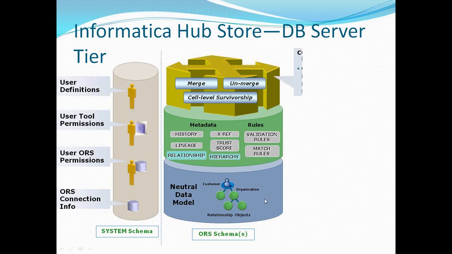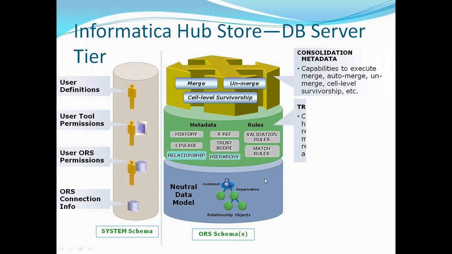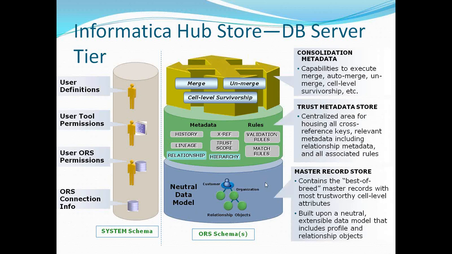And similarly, the ORS schema is there, which is the main part. Whenever you go and create any ORS schema, a lot of repository tables will get created. Some 80 to 100 repository tables will get created. Those repository tables will contain, for everything that we do, for example, creating a table, creating a column, or creating match rule sets, or whatever configuration or metadata changes we do from the MDM, for everything there is a separate table where all this information gets stored.